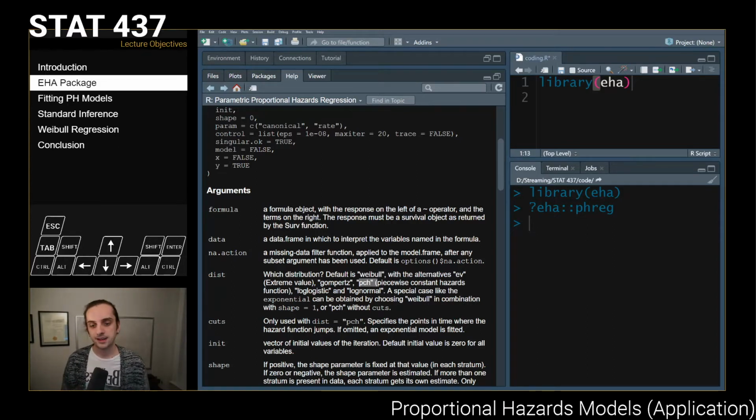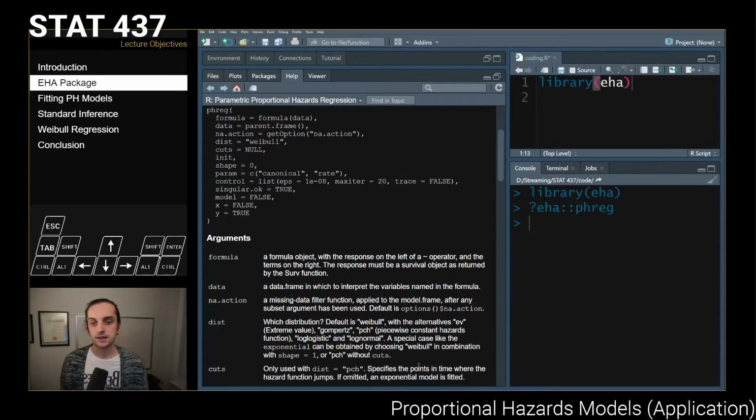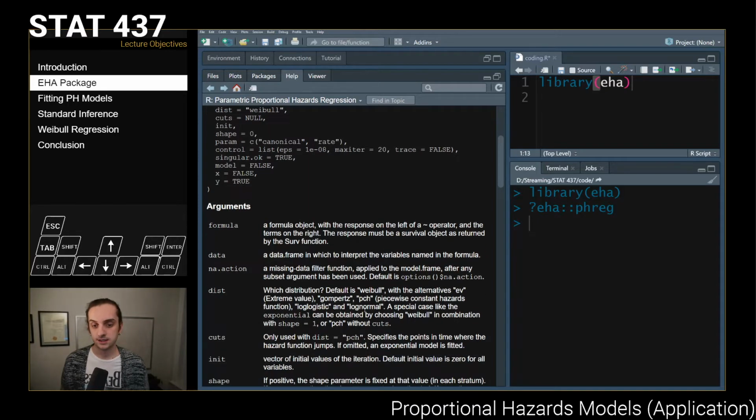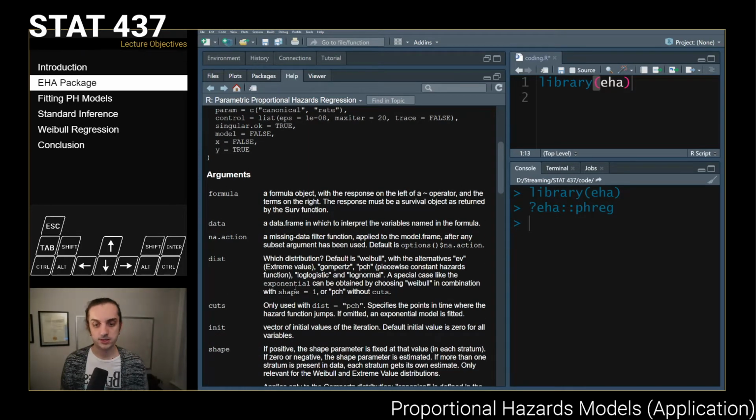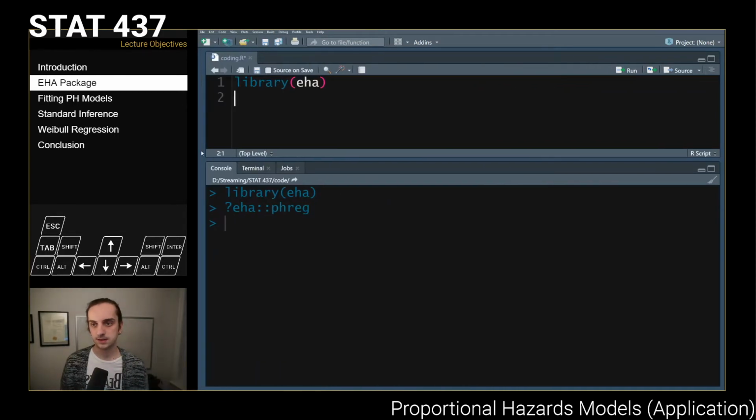We'll talk about that a little later. Then log logistic and log normal. It indicates here that the exponential can be obtained as a special case of the Weibull with shape equals 1. We've seen that in terms of our theory, where the exponential distribution is a special case of the Weibull distribution, but when specifying it in the phreg function, we'll have to specify that explicitly.